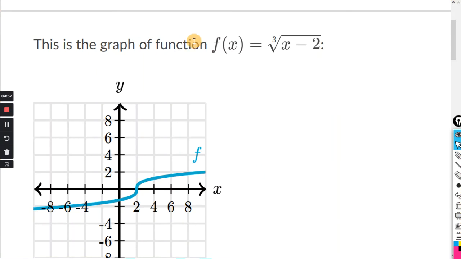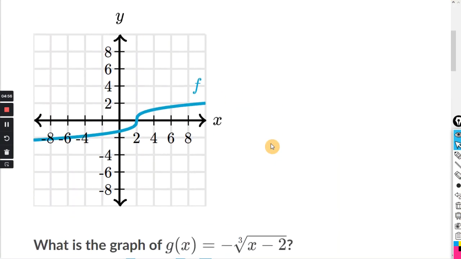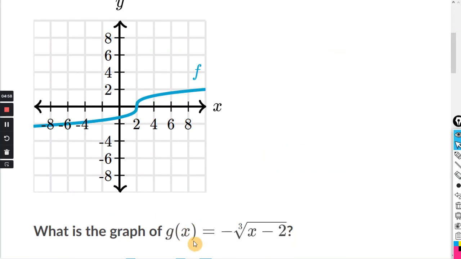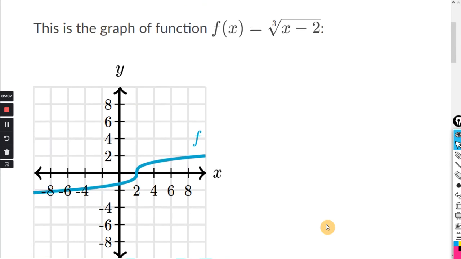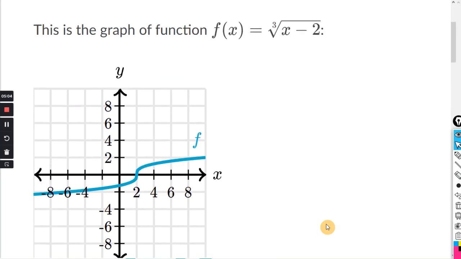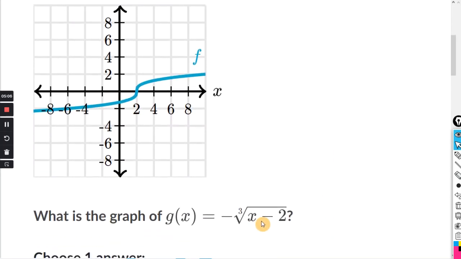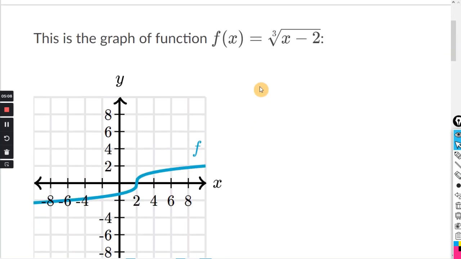This is the graph of the function f of x equals third root of x minus 2. What is the graph of g of x, negative third root of x minus 2? So this one here is just the negative of this one here.